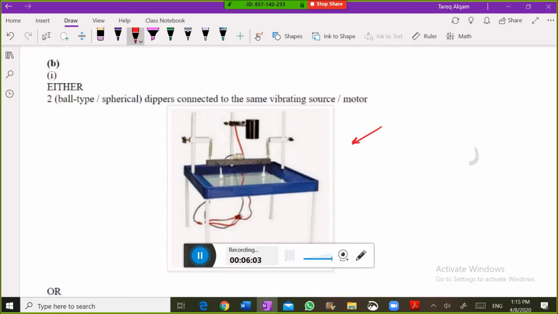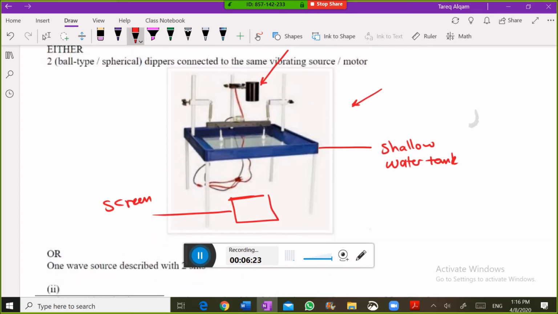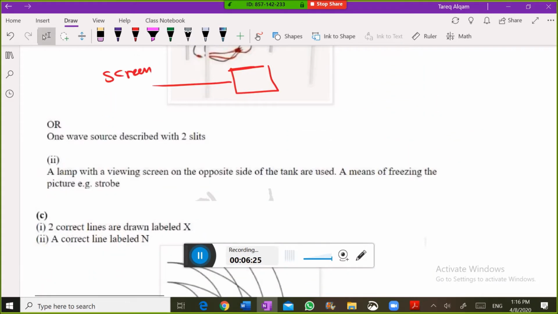We said that to observe this we need a ripple tank. We have to draw it like this: light source, shallow water tank, transparent of course. Here, guys, this is the screen. We observe the interference of these waves.